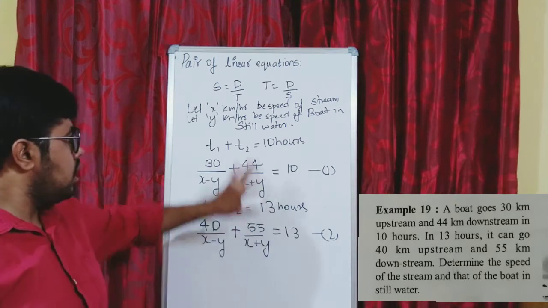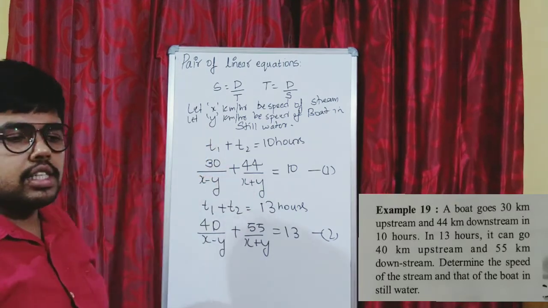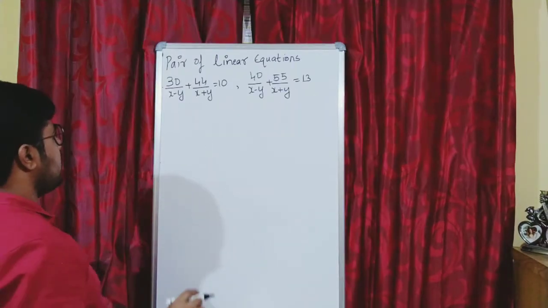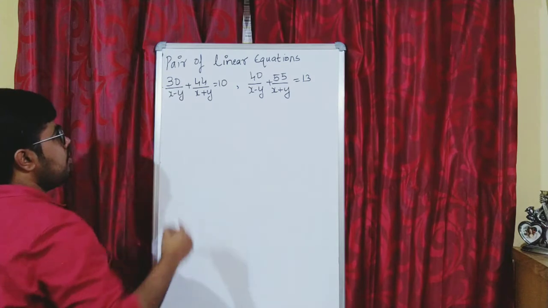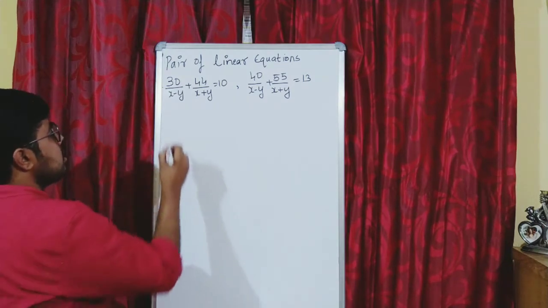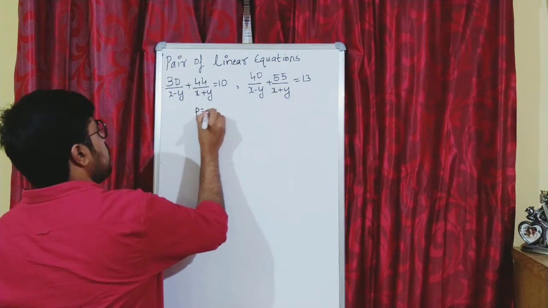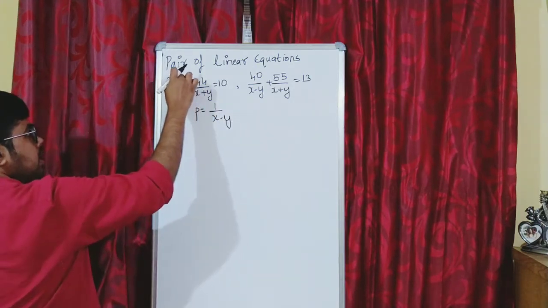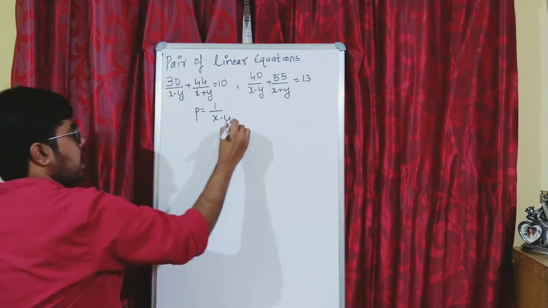Now let us quickly erase this and solve it. Solve this given equation. You know it is again a pair of linear equations. You have to reduce this to a pair of linear equations. So first, as you know, let p equal 1 by x minus y, and 30 remains there.